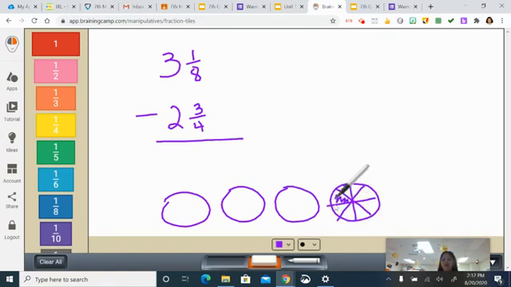I have 3 full and 1/8 of a whole, and I'm trying to subtract 2 full ones and 3/4 of another one. So I'm trying to subtract 2 of these and 3/4, and then deciding how much is left. Okay, well, that's pretty hard.